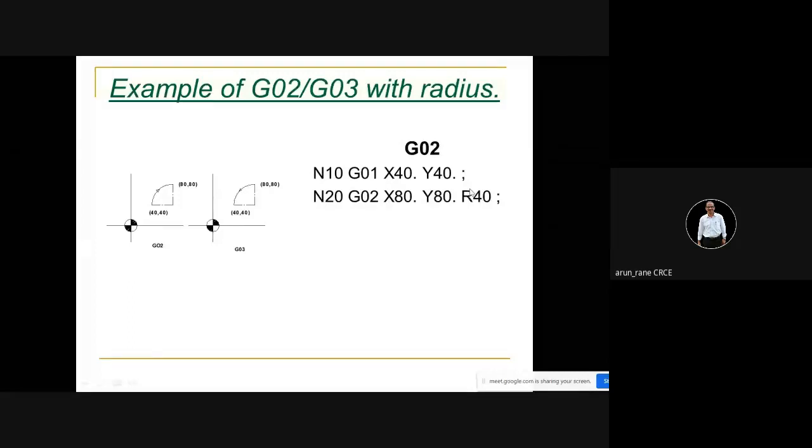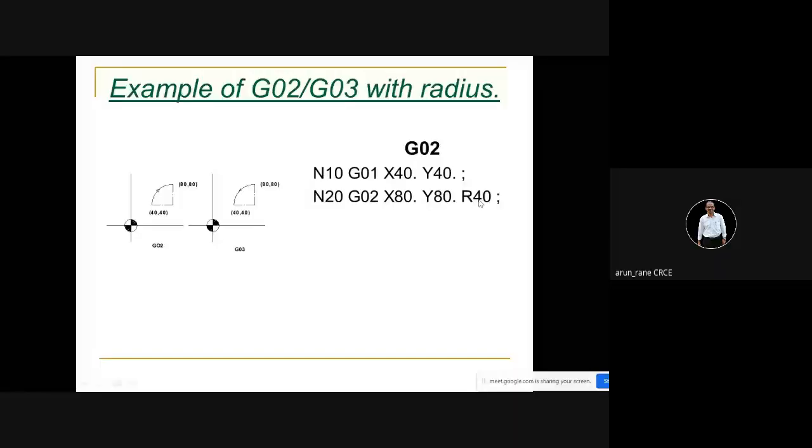Now again, suppose if you want to give the center, listen carefully here. Suppose if you don't have this facility, that is if you are using an older version of the control, then how to give the center? There are two ways of giving the center. Some controls accept absolute and some accept incremental mode of defining the center.